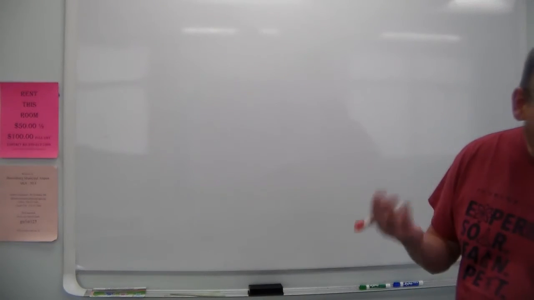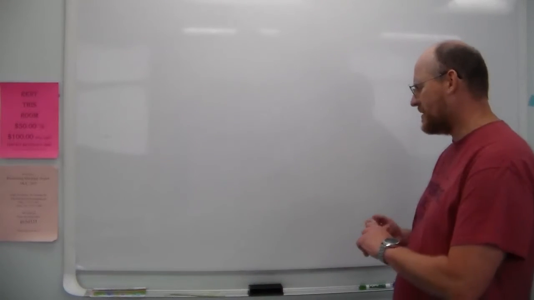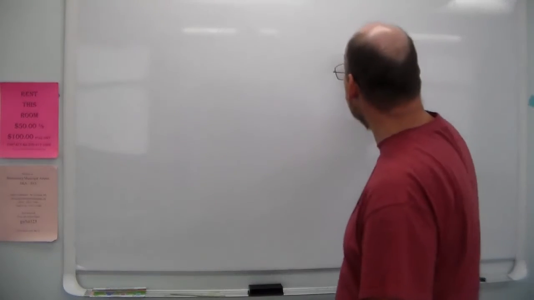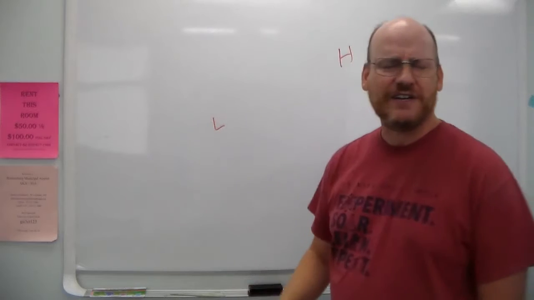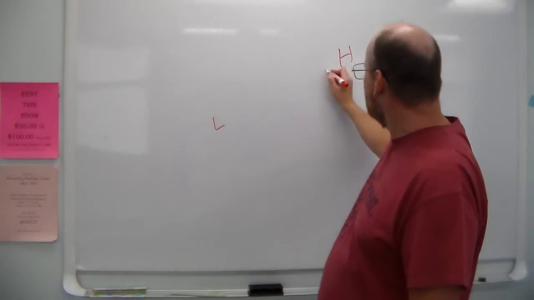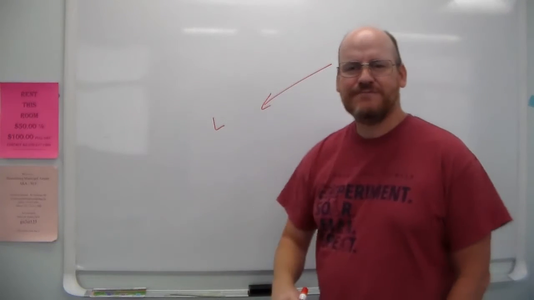So we said all the weather comes from the sun. And we talk a lot about things like high pressure and low pressure. So if I have a high pressure area and a low pressure area, you would think that all of the air would go straight from high to low.